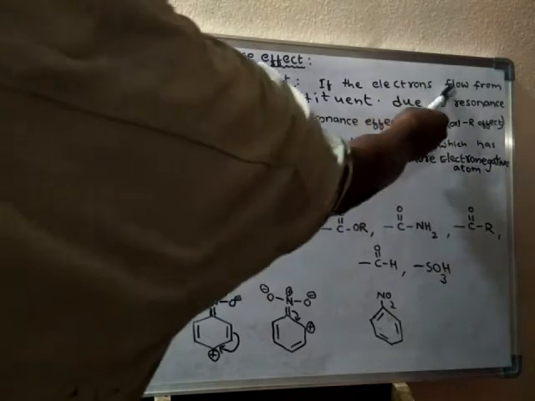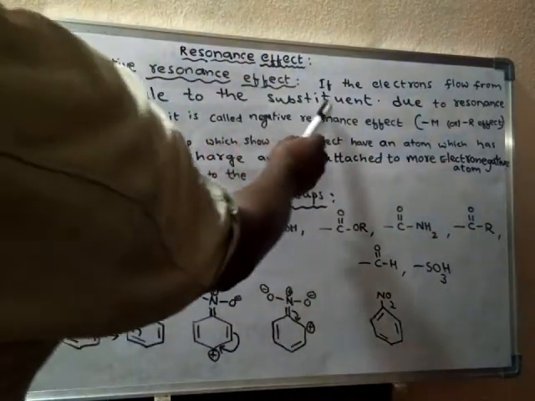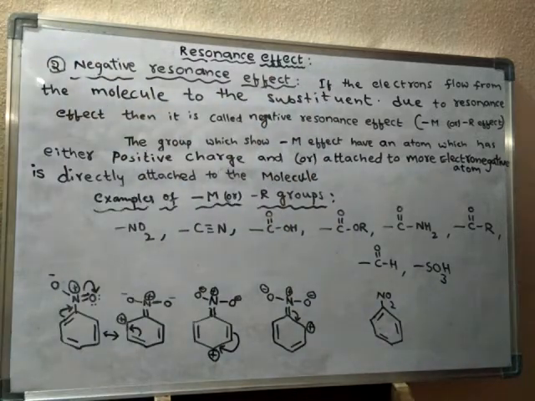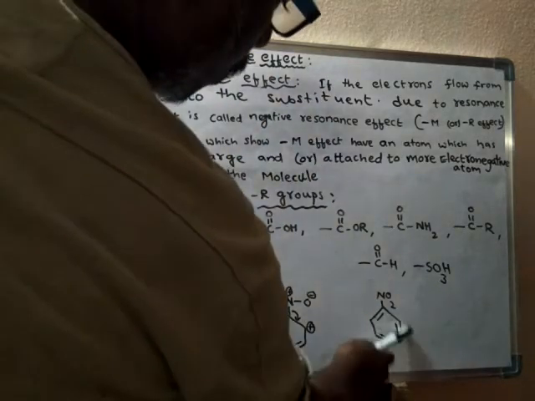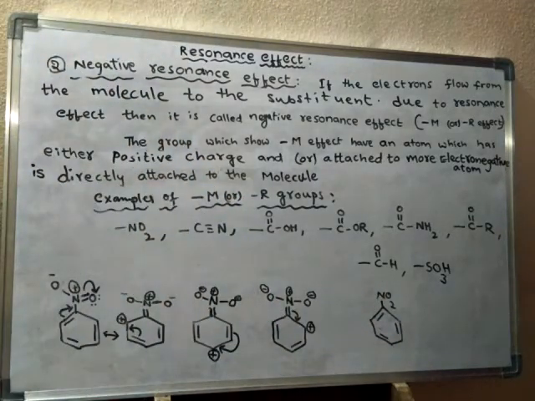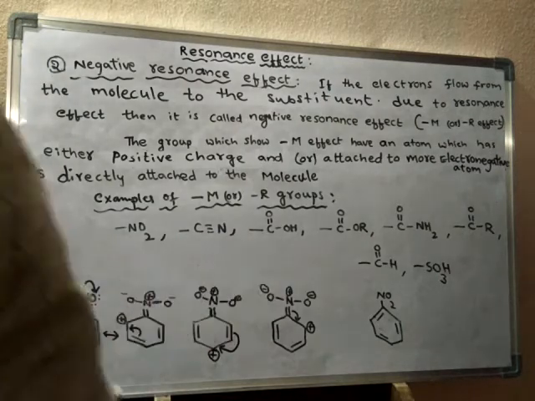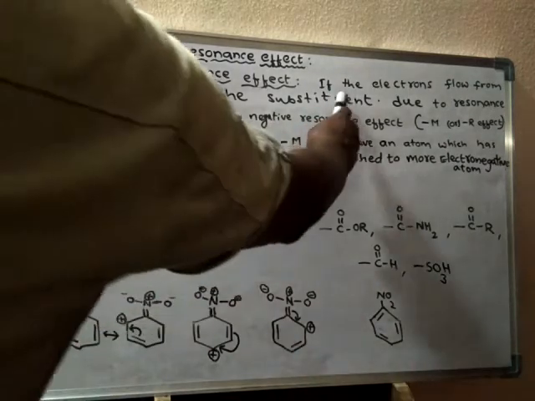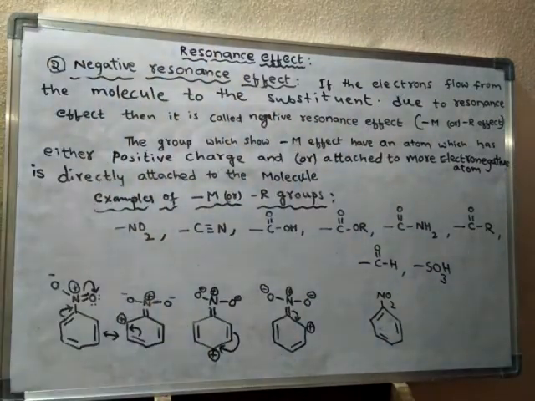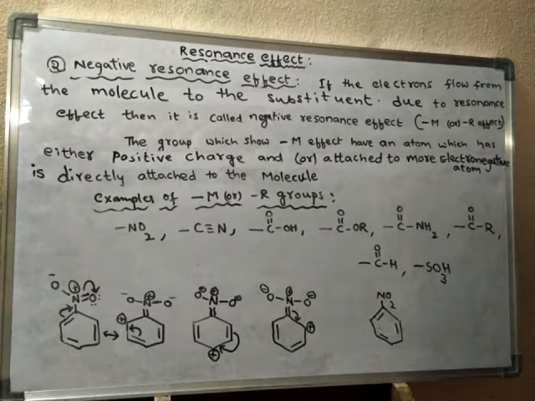So from this molecule to the substituent, towards the NO2 group, the electrons will flow from benzene. So this is an example. That means if the electrons flow from the molecule to the substituent due to resonance effect, then such type of resonance effect is said to be negative resonance effect, or else minus M effect or minus R effect.